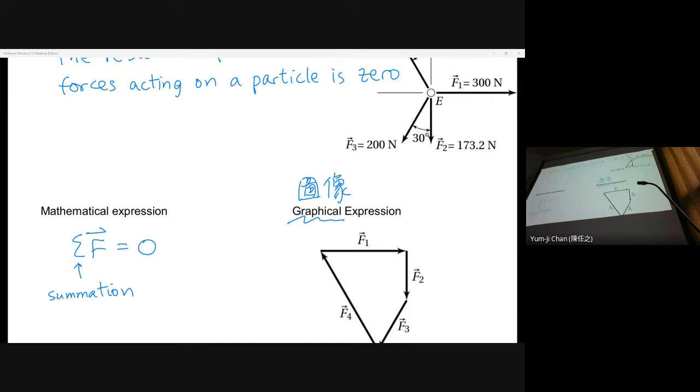Besides mathematical expression, we have graphical expression. If we add, for example, F1 and F2, we can use the triangle rule to say this one is F1 plus F2, right? And then if we add F1, F2, and F3, then of course we have F1 plus F2 plus F3.